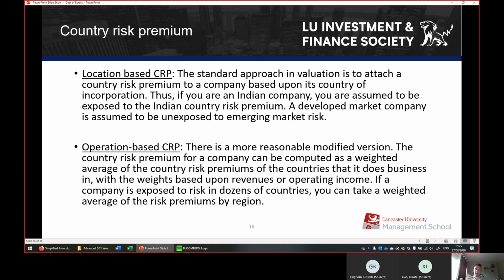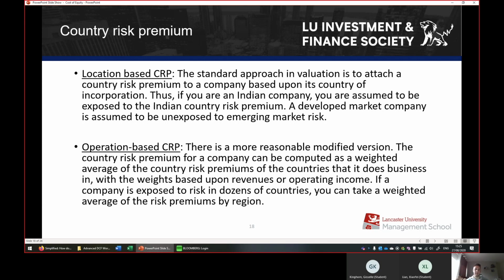A lot of my revenues will depend on whether I can get the oil out of the ground. It's not going to depend on whether someone is going to buy it, because people are going to buy the oil. It's, can I find oil in the ground, and am I going to keep finding oil in the ground? So I have to base my country risk premium on where I'm getting the oil from, where I'm getting the product from that I'm selling.